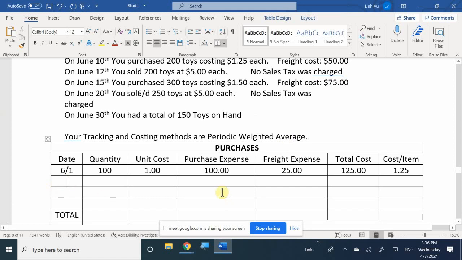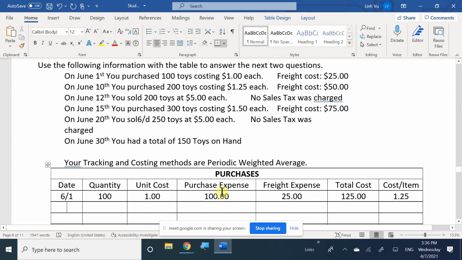I'll do it for practice purposes only. All right, so then what happened on June 10? You bought 200 at a unit cost of $1.25. Purchase expense is $250. Freight expense is $50. Total cost is $300. Cost per item is $1.50. Good. All right.